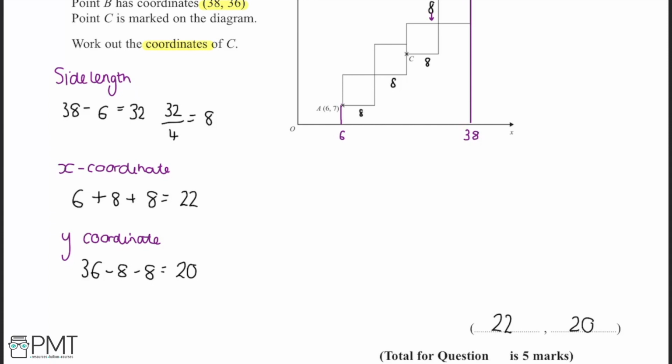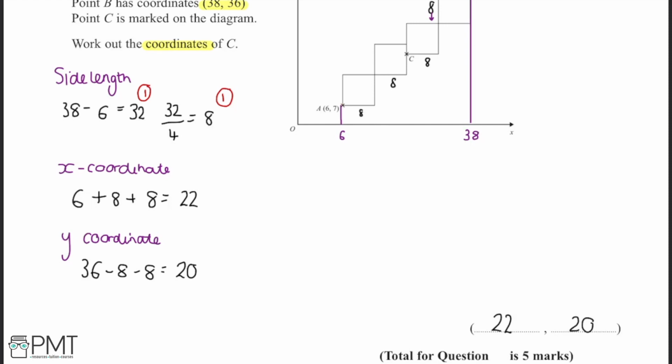So now if I go back and have a look at how the marks were awarded, the first mark here was for finding the width of the diagram, so the width of these 4 squares by doing 38 minus 6 to get 32. Similarly, I could have found the height to get this mark, but working with the width just seemed a little bit easier in this case. I then get the second mark for dividing this by 4 to find the side length of one square.